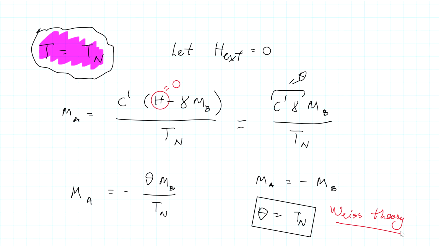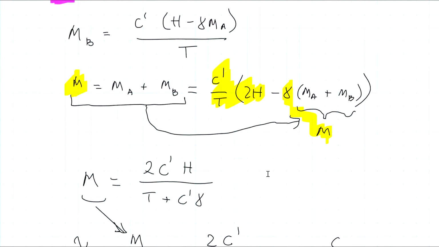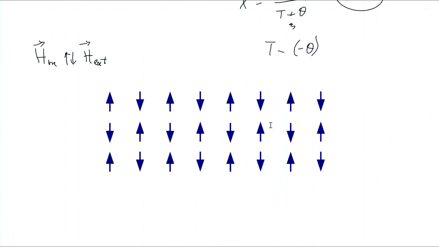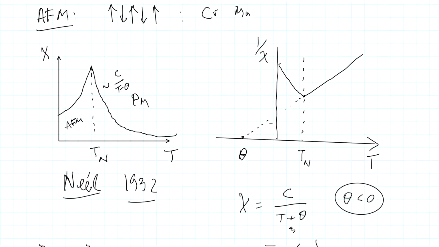So in real experiments, let me go back to here. So this is the Neel temperature. This is the Curie temperature. They're supposed to be equal in theory, but in general, in experiment, theta is always bigger than Neel temperature.